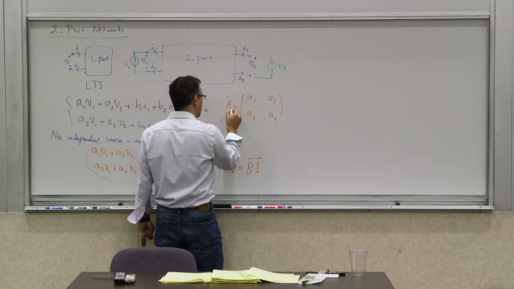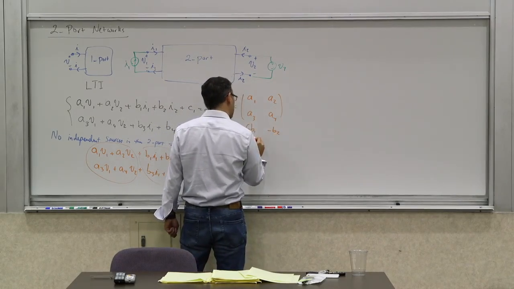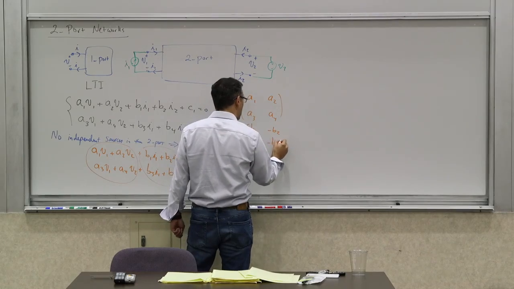Matrix B is negative B1, negative B2, negative B3, negative B4.